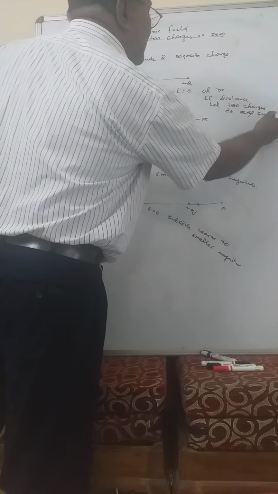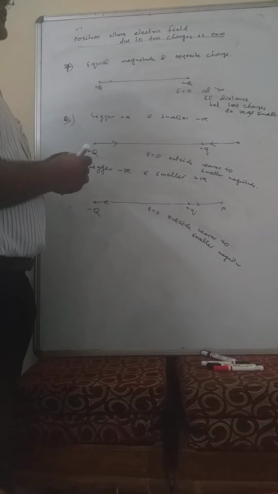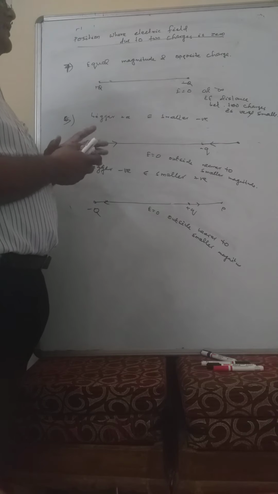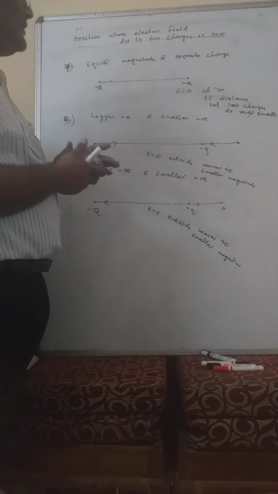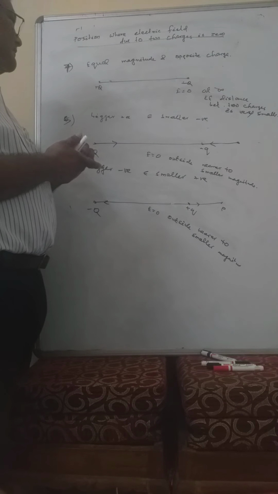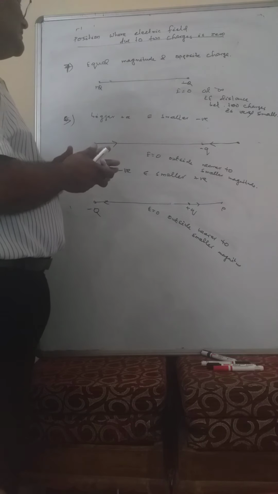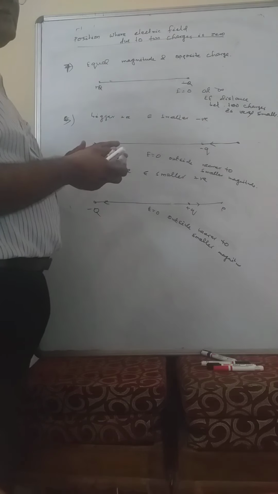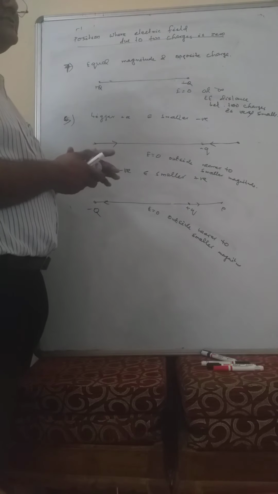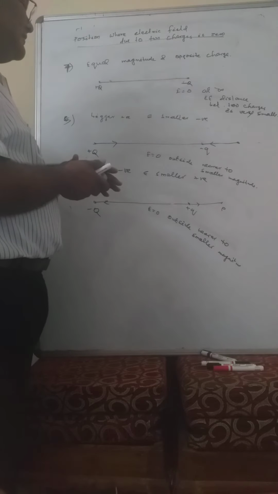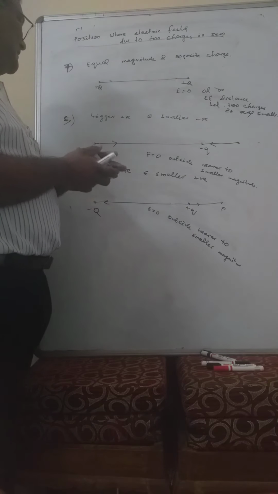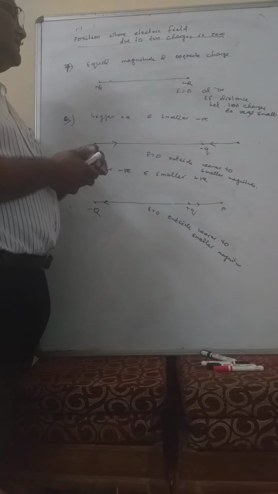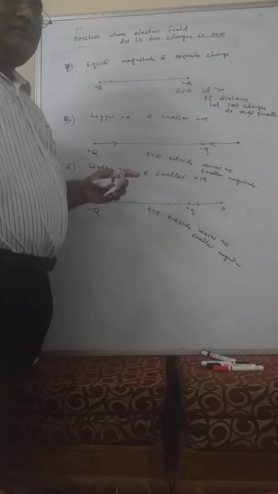So what is the conclusion? Both equal positive, the field will be zero at the middle. Both equal negative, the field will be zero at the middle. If bigger positive and smaller positive, the field will be zero inside, nearer to the smaller positive. Bigger negative, smaller negative, the field will be zero inside and nearer to the smaller minus q charge. If bigger positive, smaller negative, the field will be zero outside, nearer to the minus q charge.